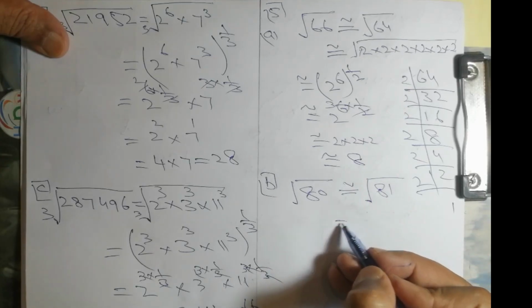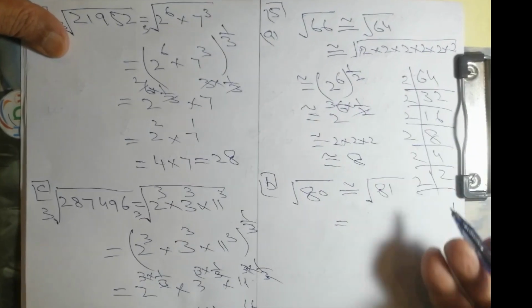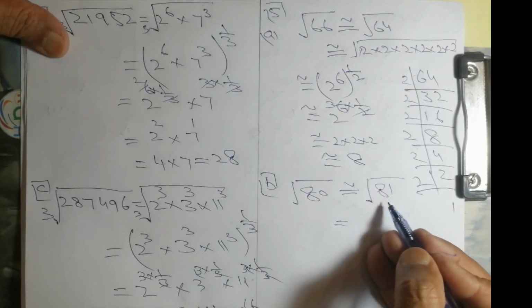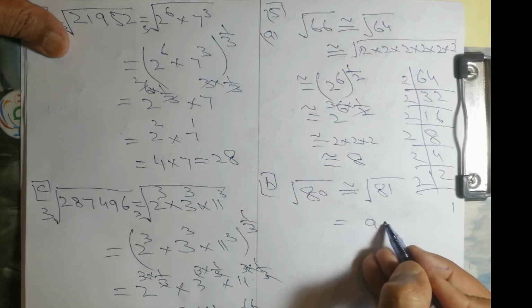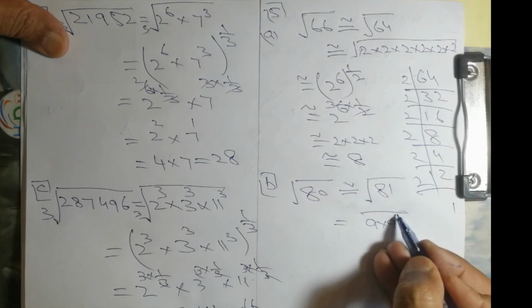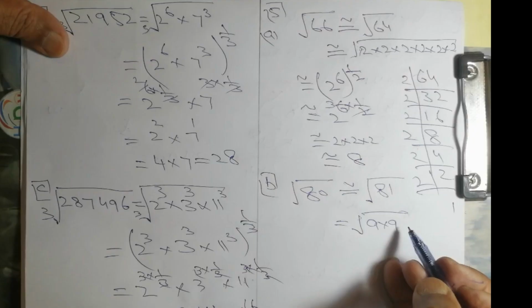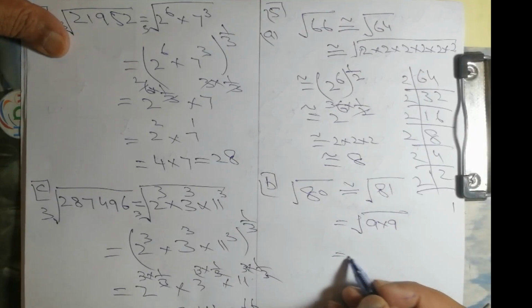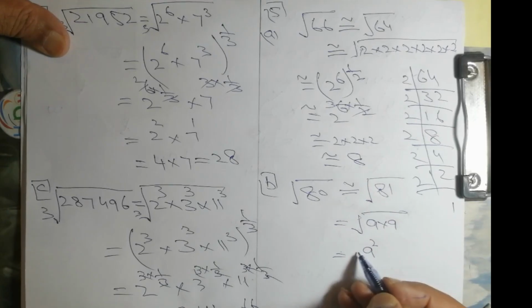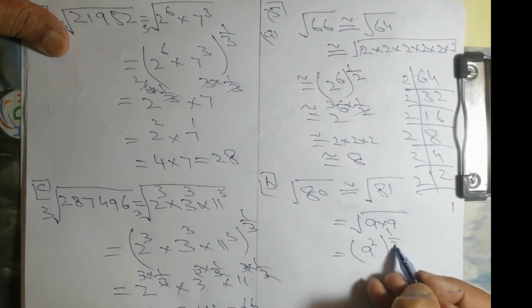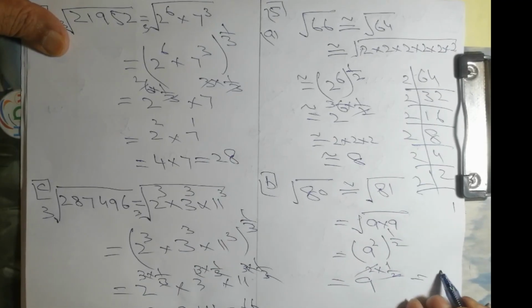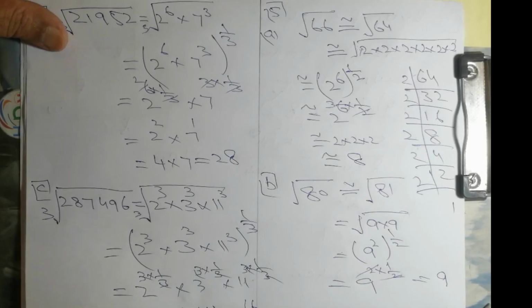So instead of writing all the factorization, because this is estimation, we know that these are smaller numbers, we can write this 9 into 9, and this will be 9 square and whole power 1 by 2, and 9 square into 1 by 2, this is cancelled, equal to 9.